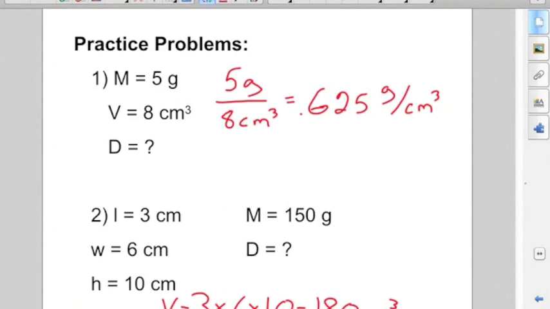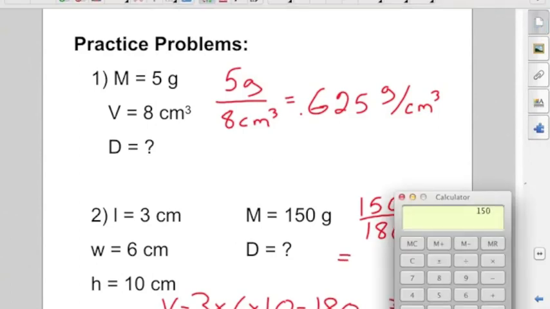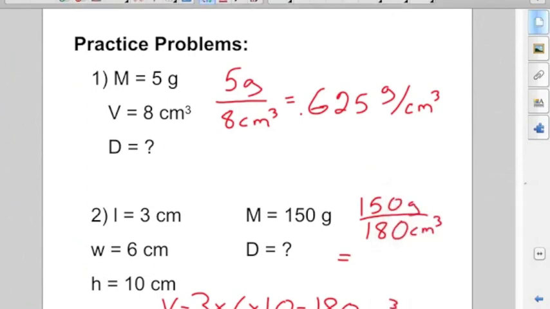Our mass is 150 grams, so I'm going to do mass divided by volume to get the density. Let's do the math. 150 divided by 180 is 0.833 grams per centimeter cubed.